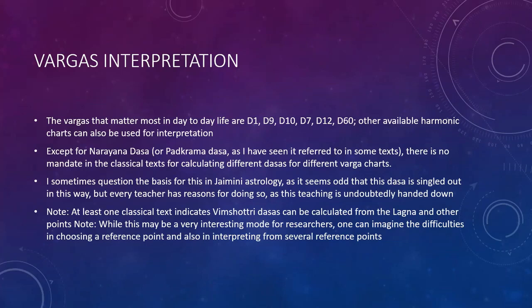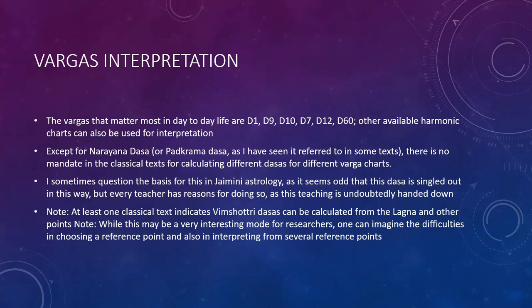Okay, so the most important Vargas, at least to my mind, that matter in day-to-day life are the D1, the D9, which is obviously the Navamsha, the D10, the Dashamsha, the D7, the Saptarishis, which is not only children but also business relationships, the D12, which is essentially family and status, and the D60, which is the general luck in the chart.